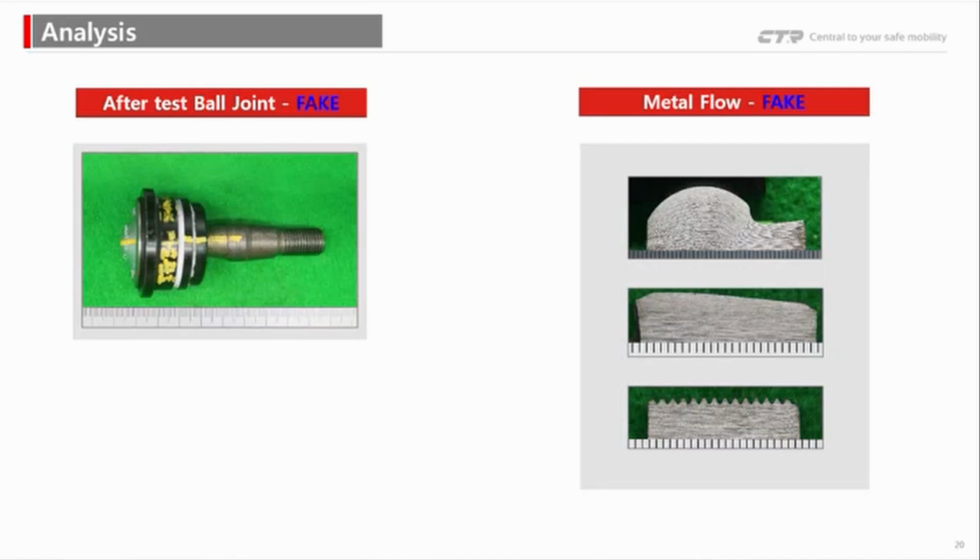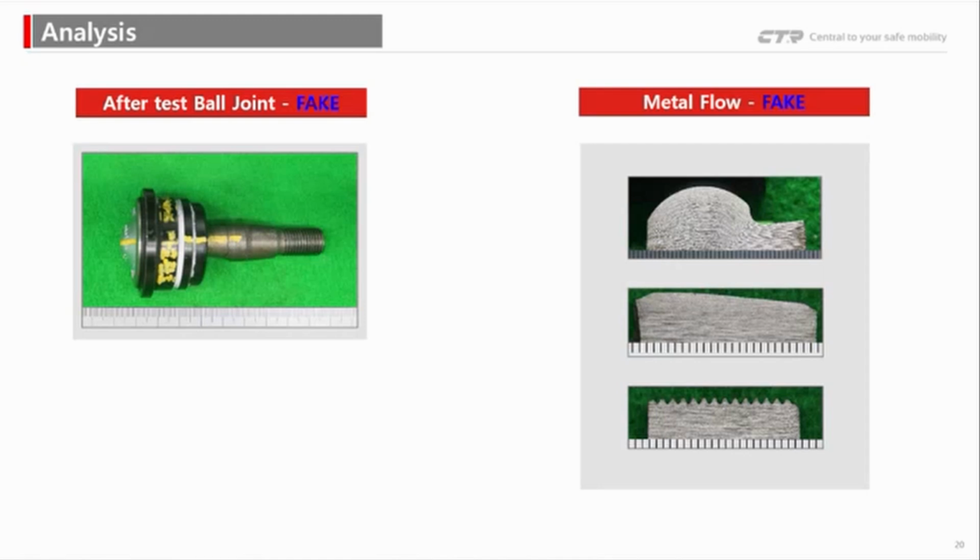This slide shows what happened to the pack ball joint after the test. On the left, you can see that the part is damaged and worn, showing poor durability. On the right, we can see the inside metal structure.